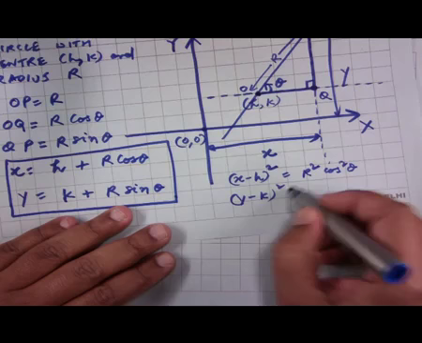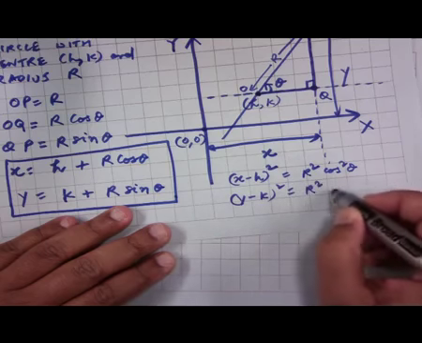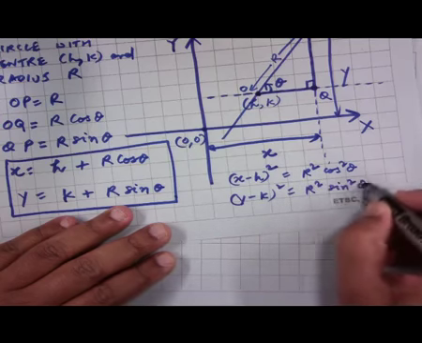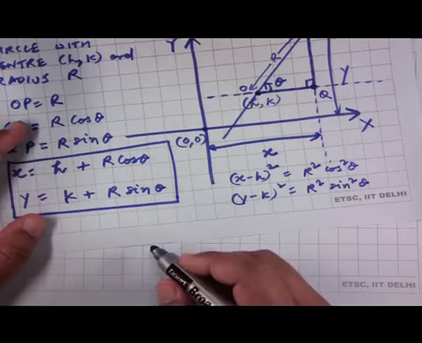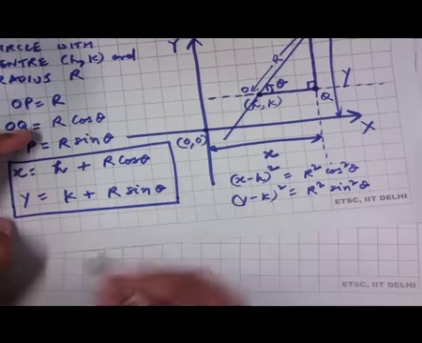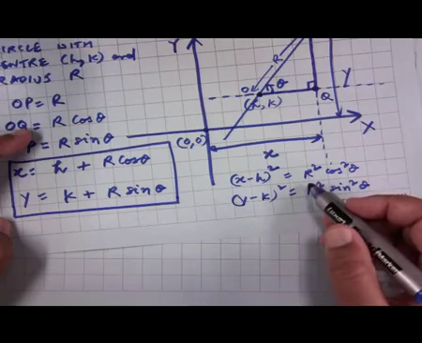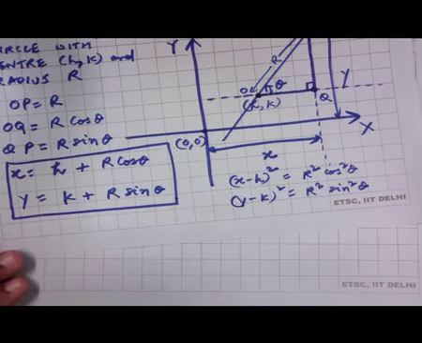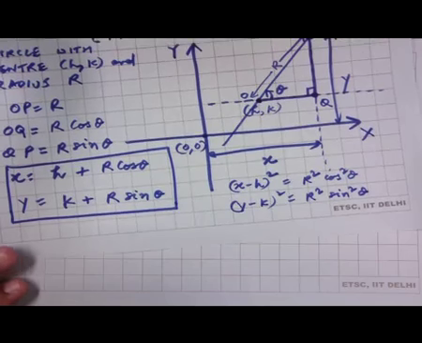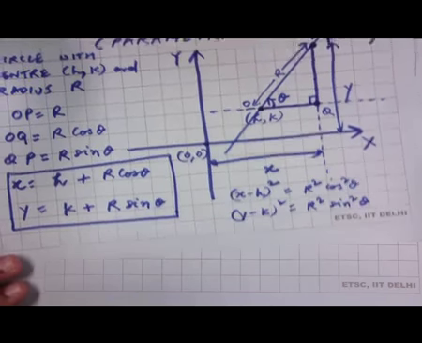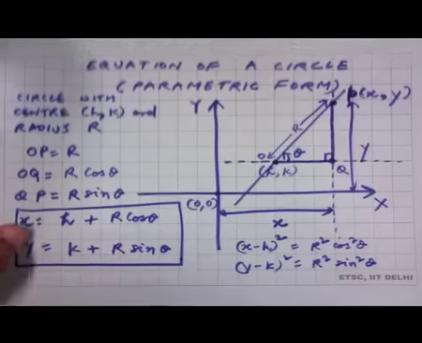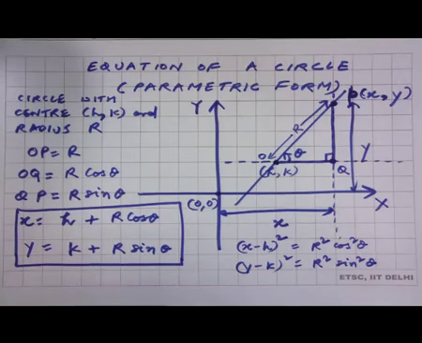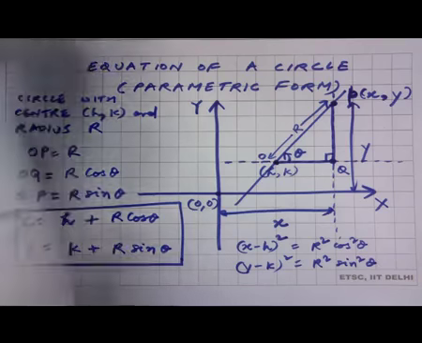Square of that is r square sin square theta. Now, if we add these two, then what we get is r square cos square theta plus r square sin square theta, which is nothing but r square, and which is nothing but the rule which we just saw now when we were discussing the center radius form.